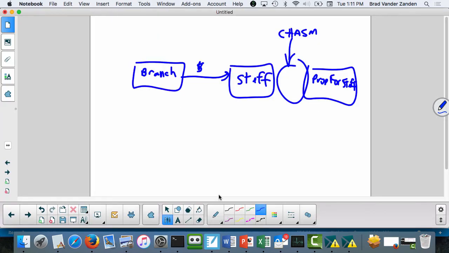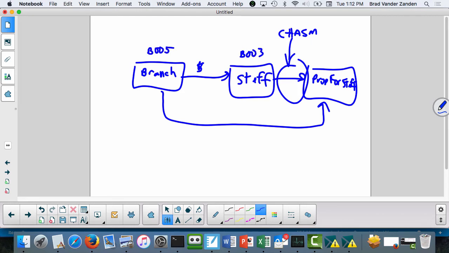So let's say that now we've done this. Let's say that the staff member who manages the property is at B003, but I say that the branch is B005. That's a conflict. So I've in effect solved the chasm gap by introducing redundant data.